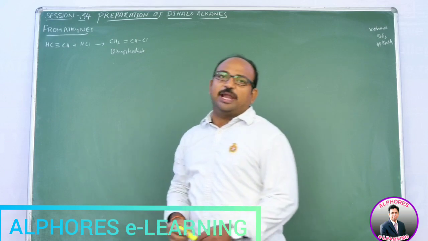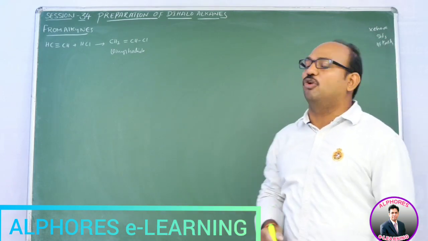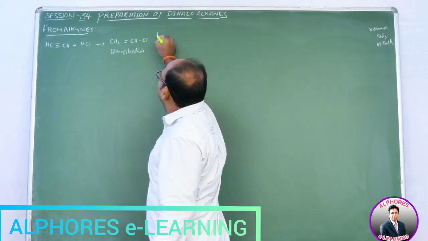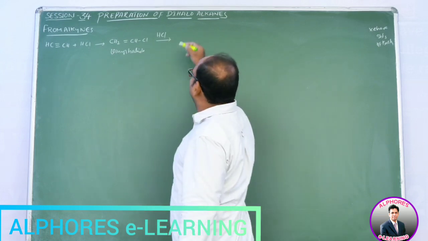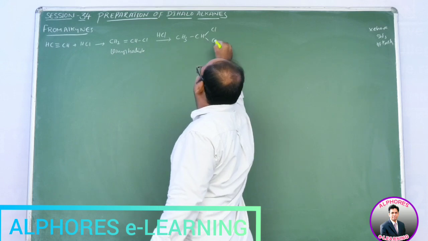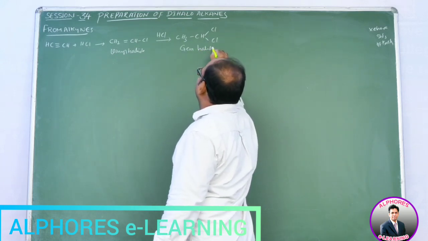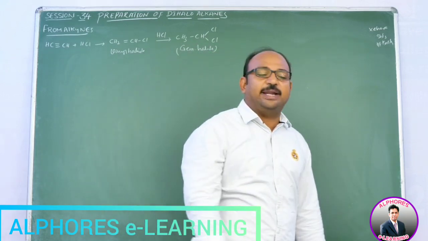This is what we call the vinyl halide. So alkyne upon addition of HCl gives vinyl chloride, and to this vinyl chloride, upon further addition of HCl, we are getting the product CH3, CH, Cl and Cl, a gem dihalide. So we are getting a gem dichloride. Now, while reading this reaction, you may have a doubt.